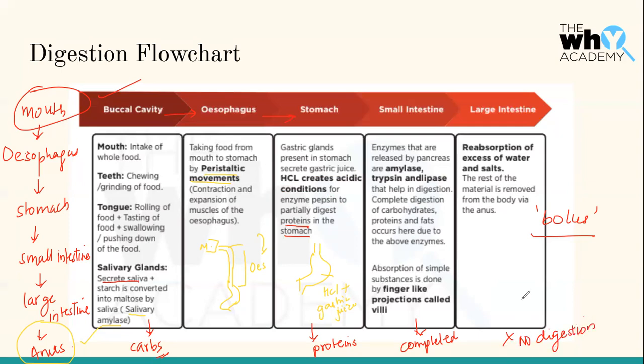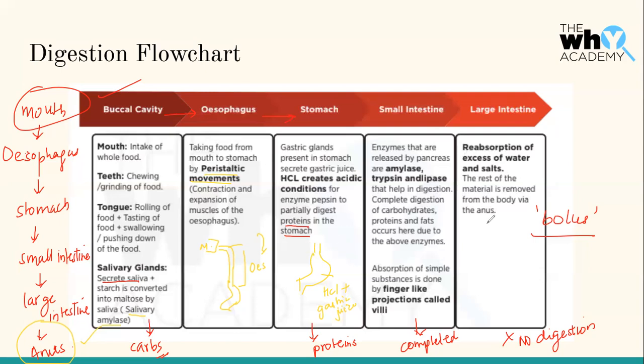Digestion means breaking down of food, so the large intestine is not involved in breaking down food. All the process is completed in the small intestine itself. The large intestine is only involved in reabsorbing water and salts, making sure I'm not wasting things I would be needing.